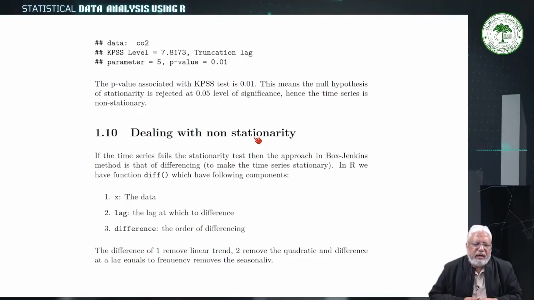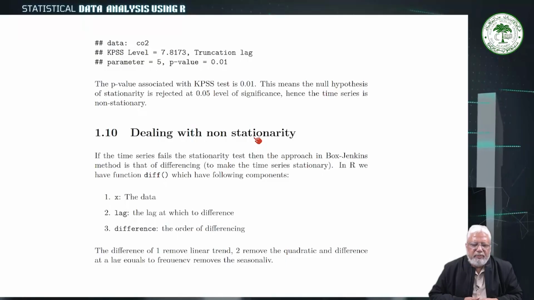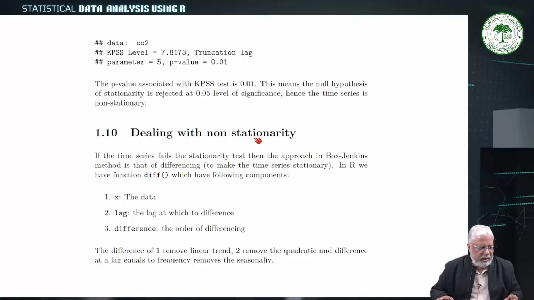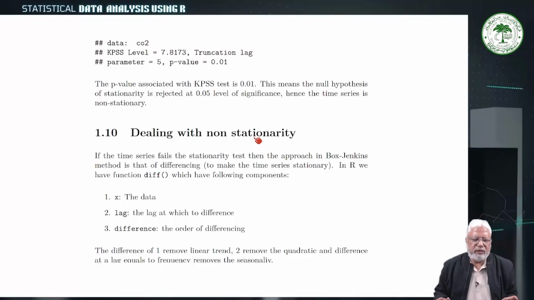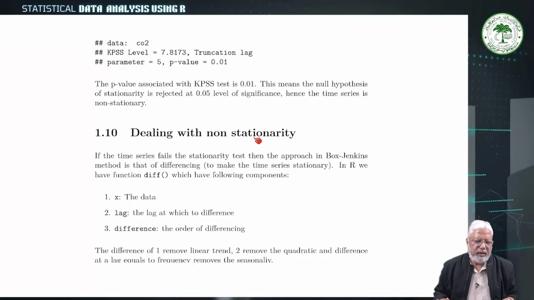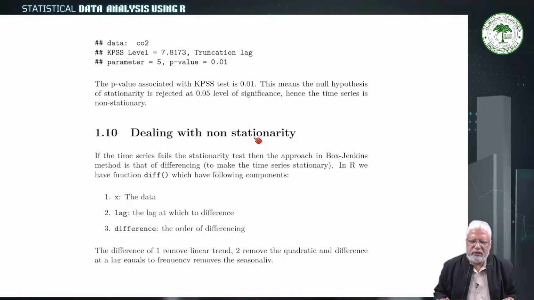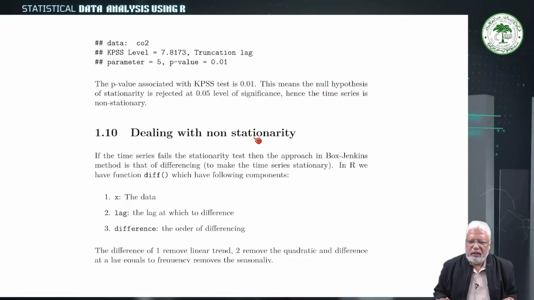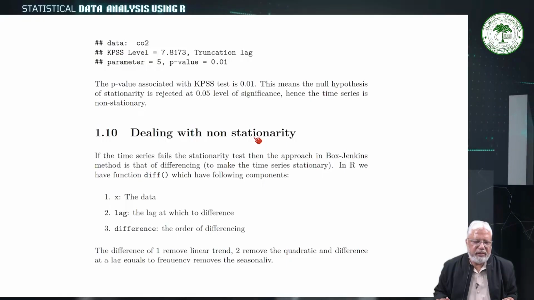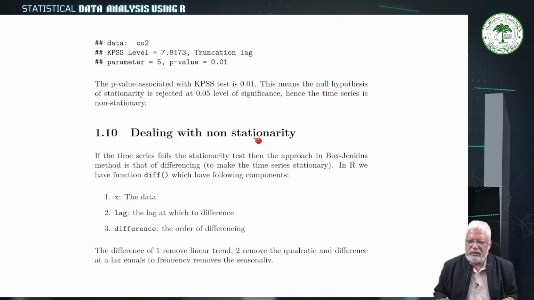Stationarity is required at many places, like in Markov chain Monte Carlo, in Bayesian data analysis. We need that this series must be stationary. So, if the time series fails the stationarity test, then the approach in the Box-Jenkins method is differencing to make the time series stationary.